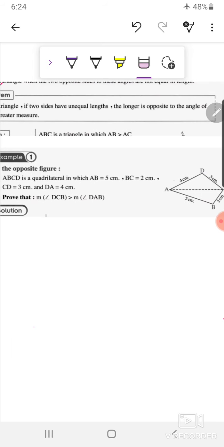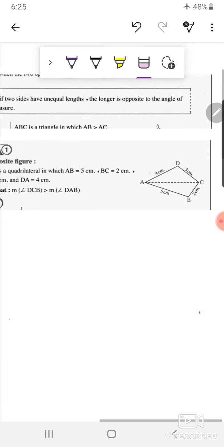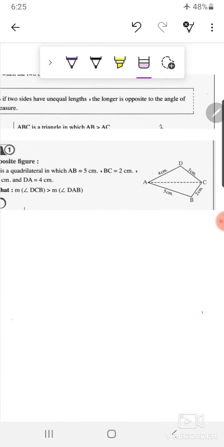Write it. Prove that measure angle DCB, which is this angle, is greater than measure angle DAB.